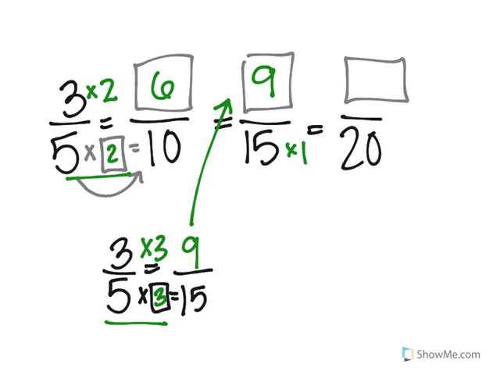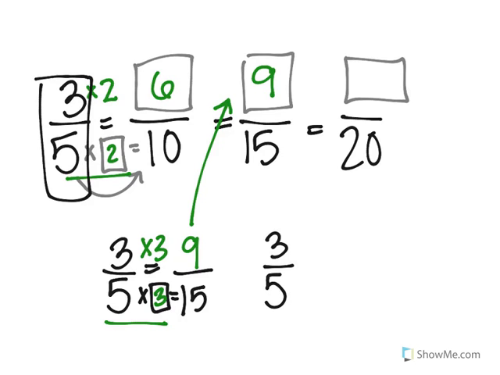Now, like before, there's nothing I could multiply 15 by to get to 20. So I have to take my original fraction and I write it down here. And I'm trying to make it equal something with a denominator of 20. So I asked myself, 5 times what equals 20?